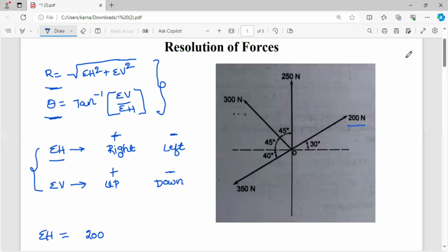For a horizontal component, this is the force F. Assume the force F makes an angle theta. The horizontal component is F cos theta. The vertical component is F sin theta. This explanation is given in the previous videos on our channel.